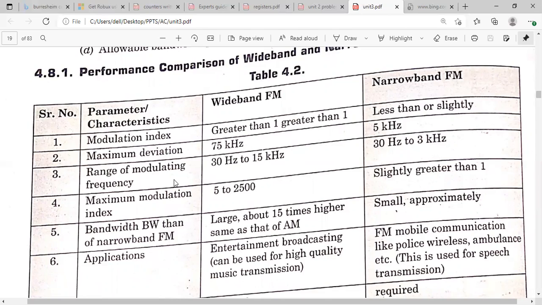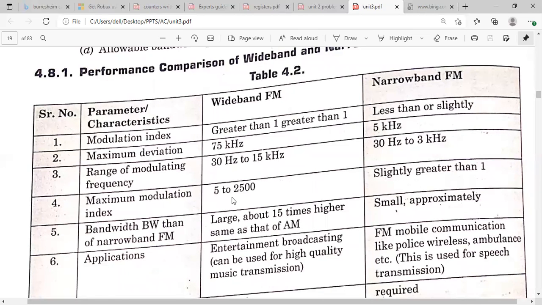And the range of modulating frequency, that is, up to what audio signal frequency can we modulate? For wideband FM, this will be 30 hertz to 15 kilohertz. For narrowband FM, it will be up to 3 kilohertz only. And the maximum modulation index for wideband FM, we are saying, should be greater than 1.